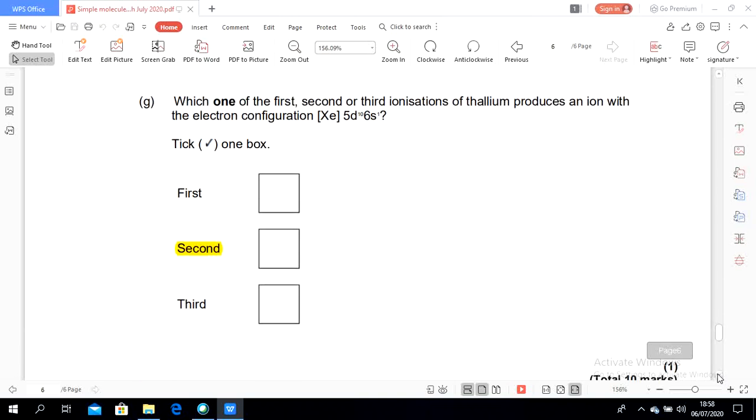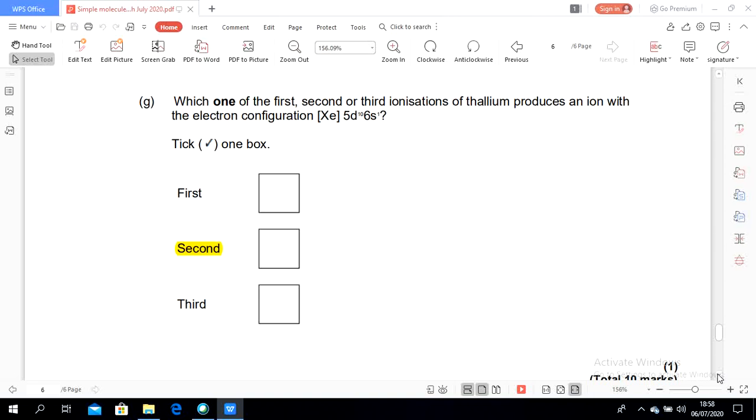And then the last question, page 6: which one of the first, second, and third ionization energies of thallium produces an ion with the electron configuration of xenon 5d10 6s1? It has to be the second ionization energy.